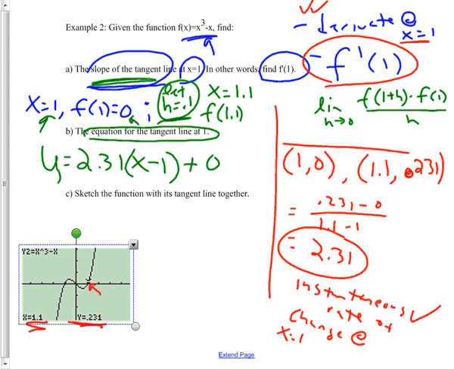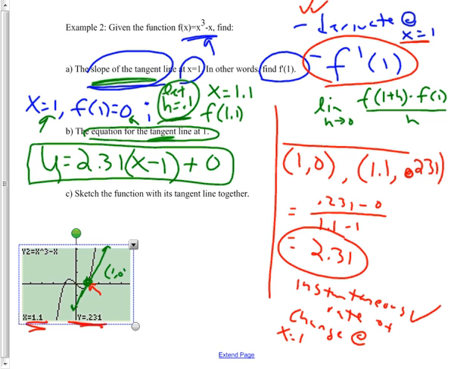So now if I were to sketch this graph, if I were to put the graph of the tangent line on top of my function, what I'm going to get is a shared point at 1, 0, and the tangent line is going to be approximating the curve in that small area.